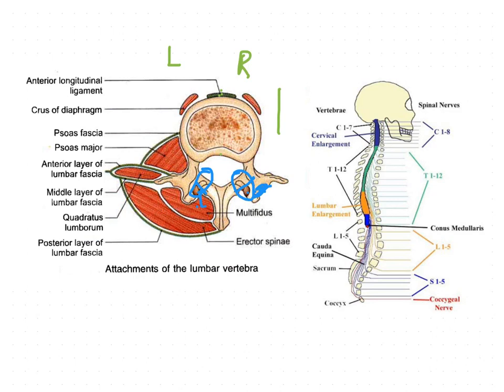And before that, I want to mention the ossification of this lumbar vertebra. It has 3 primary centers and 7 secondary centers. First, the 3 primary centers: one for the body, also called the centrum, and one each for each half of the neural arch.